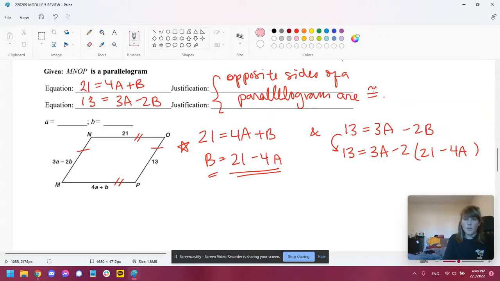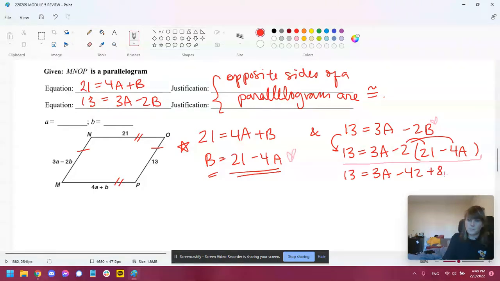Cool. What that does for me is because I've smushed this equation into this equation, now I have one equation with one variable, which I know how to solve. The first thing I'll do is distribute the -2. Then I'll add up the 3a and 8a to get 11a.